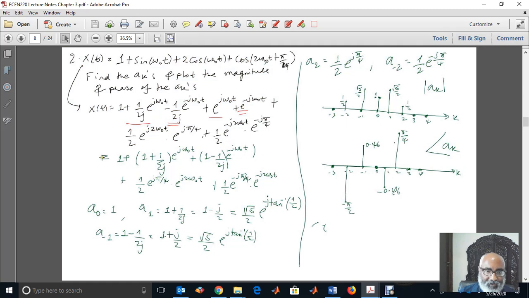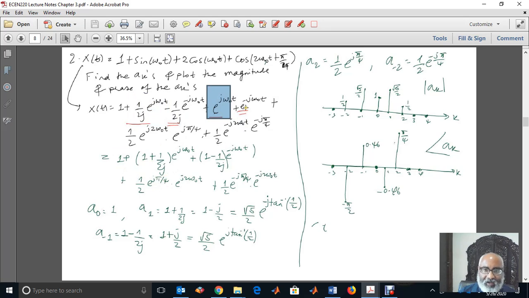Now we do this. We have the DC part 1. We combine the e raised to j omega naught t. The e raised to j omega naught t, I have it here and I have it here. So we combine the two. When we combine, I have 1 plus 1 over 2j.